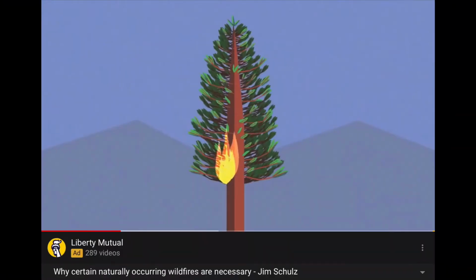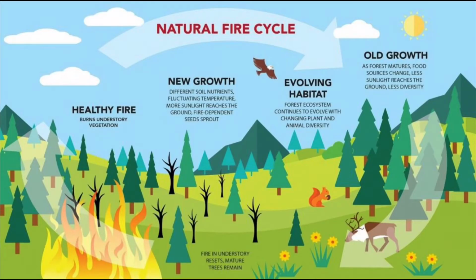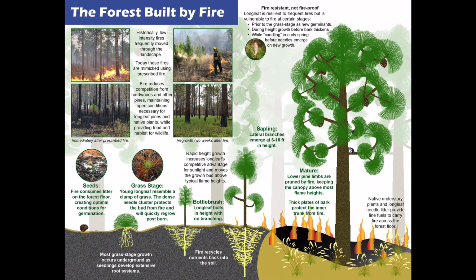first off, you're going to be watching the video that I posted on the assignment submission page. It goes into why naturally occurring wildfires are necessary and why we need them to continue properly managing different forests because of the impacts of fire suppression.